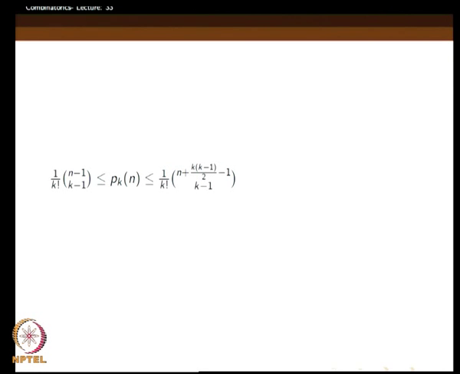Now, we will just get some crude estimates for pk of n, in terms of n and k. We are going to show a lower bound and an upper bound. First we will look at the lower bound. pk of n is at least 1 by k factorial into n minus 1 choose k minus 1.